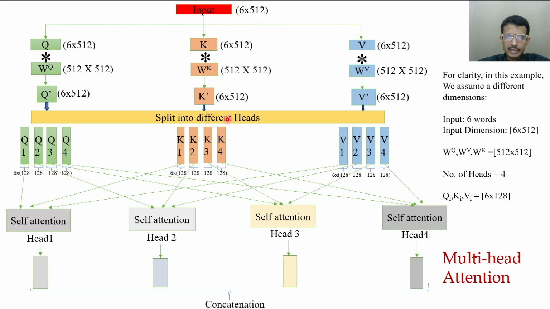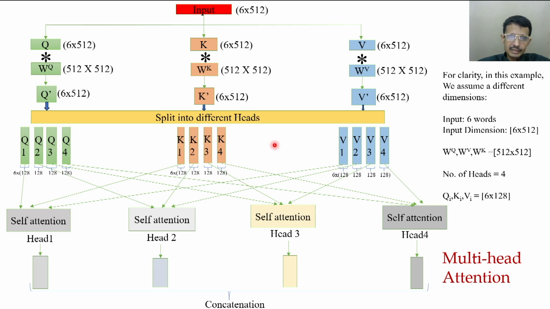Since it is 512, each one is 128 dimensions. 6 such 128 dimension Q vectors and 6 such K vectors. So all these have this dimension.